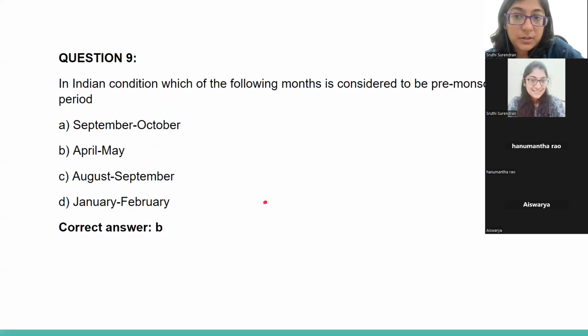So the correct answer for this, here they have asked about pre-monsoon period. Pre-monsoon period is basically from March to May. So here April, May is the option that is given. So you can say it is this option too, because April comes between March to May.